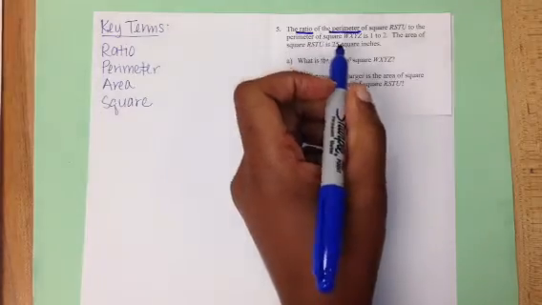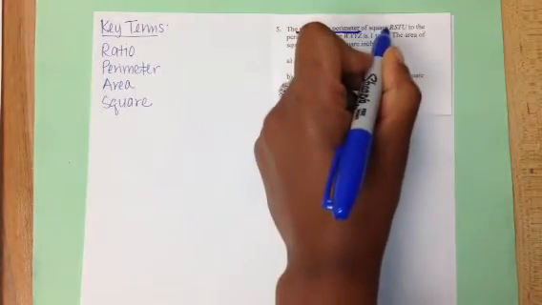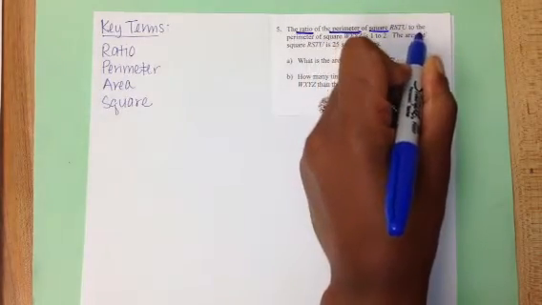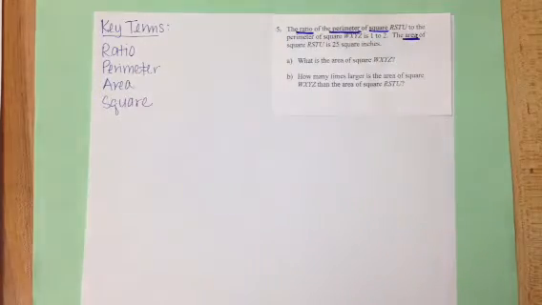We also have the word square, which we know is a quadrilateral with 4 congruent sides. And we also have the word area, which we know is calculating the space inside a figure, whether it's a polygon or circle.